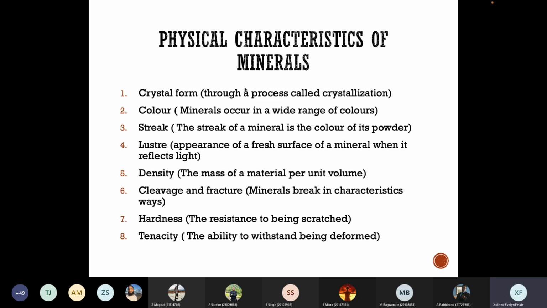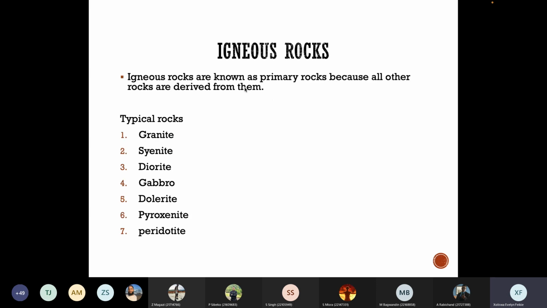So don't say, I was confused, was she referring to minerals or soil? No, we're referring to minerals, but the same soil that you see or the rocks that you see, no matter how small the particle is, it is formed from minerals, and they get their color from those minerals. So that's why it's important for you to understand the minerals and different types of those minerals.